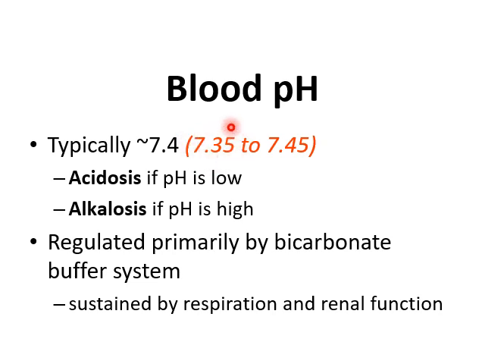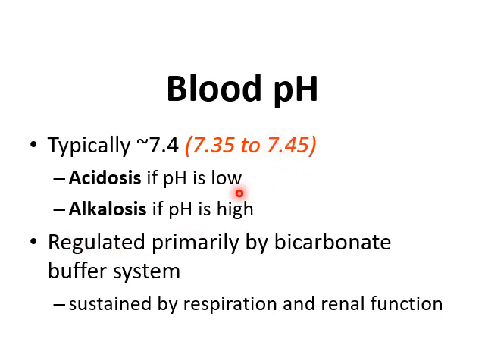We have more hydrogen ions present. Over here, that 7.45 is our alkalosis when the pH is high. So it's not a big range here. We're talking about a tenth of a point. But that difference is the difference between acidosis and alkalosis in the body. So acidosis here, alkalosis here.